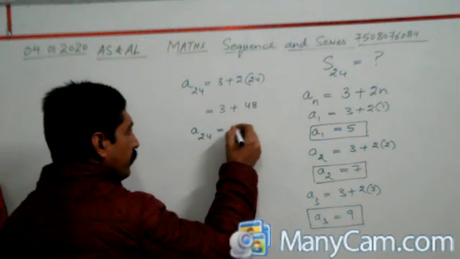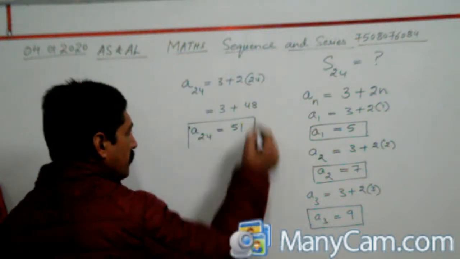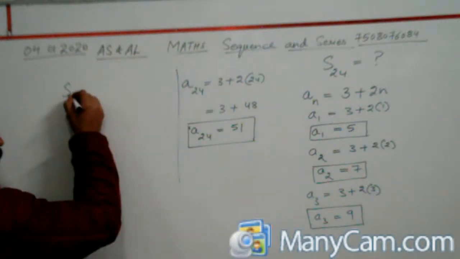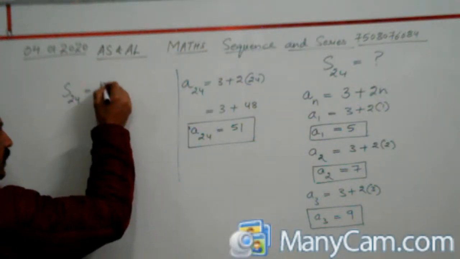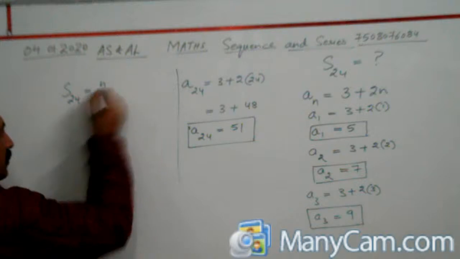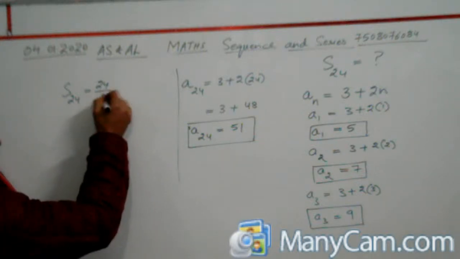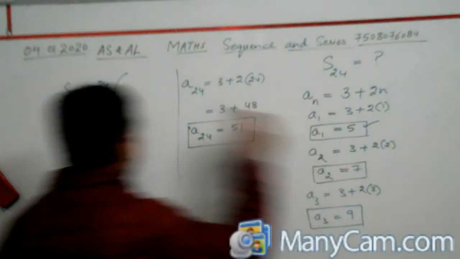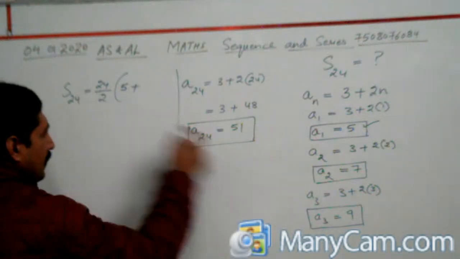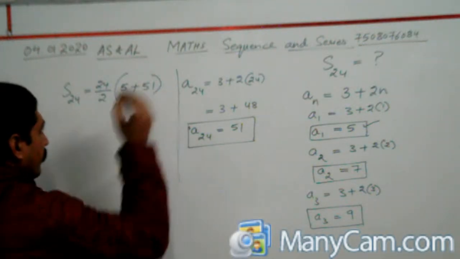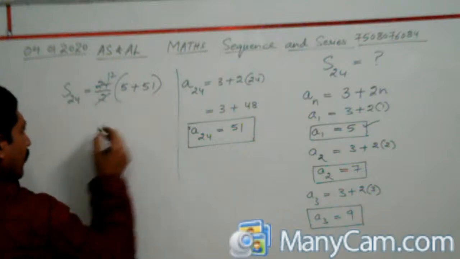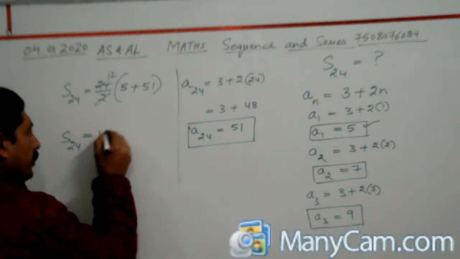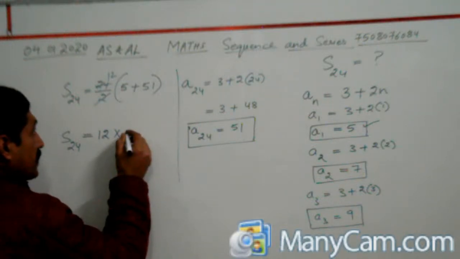a₂₄ is equal to 51, because we know the formula that the sum of n terms is n by 2 into (a plus l). Here n is 24, so 24 divided by 2 into (a plus l). The first term is 5 and the last term is 51. That is equal to 12 into 56.